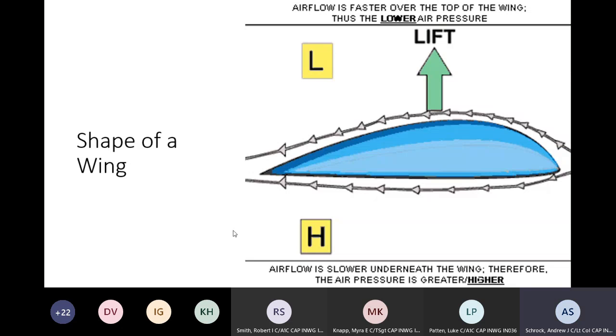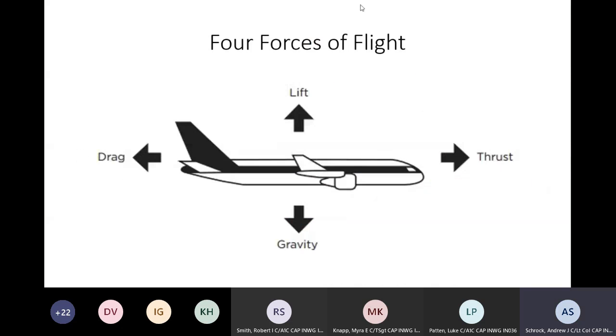Okay, we're going to move on into the four forces of flight. So you see here, you've got lift, and it counteracts gravity, and thrust counteracts drag. We just learned about how the wing produces lift. So we know that the wing produces lift to counteract gravity, but what creates thrust?